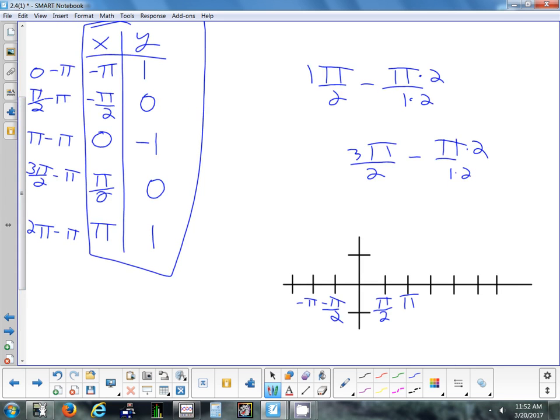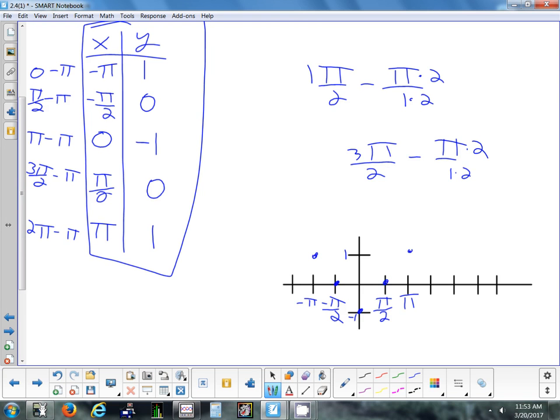Sometimes the labels can start to get in the way of each other a little bit. So this is 1. I don't really have a good place to put negative 1. Just squeeze it in there. And now graph those points. So we're at 1, 0, negative 1, 0, and 1.